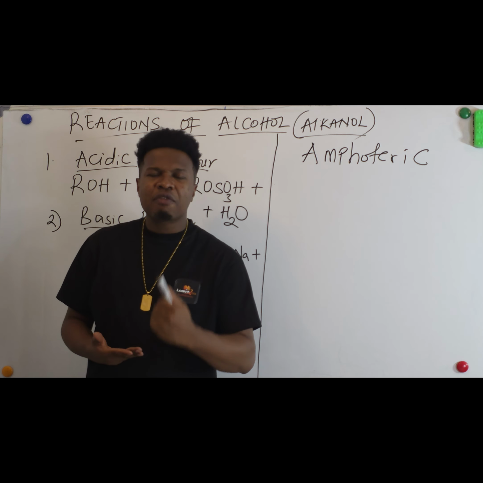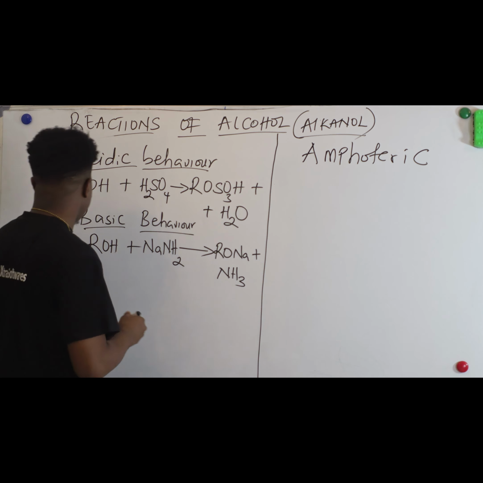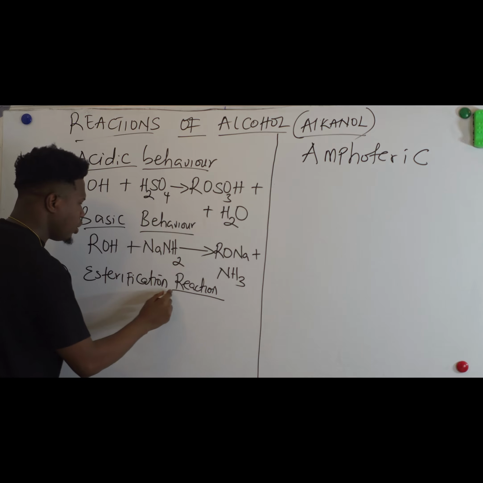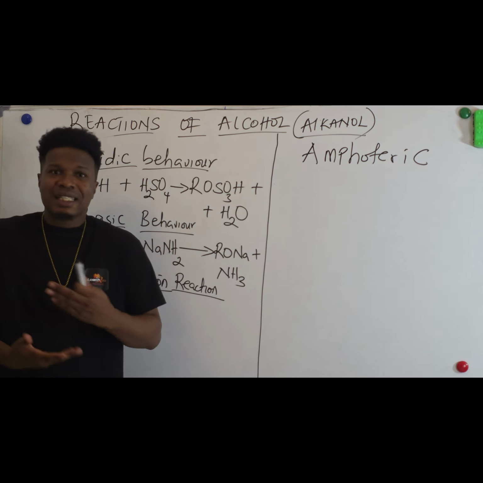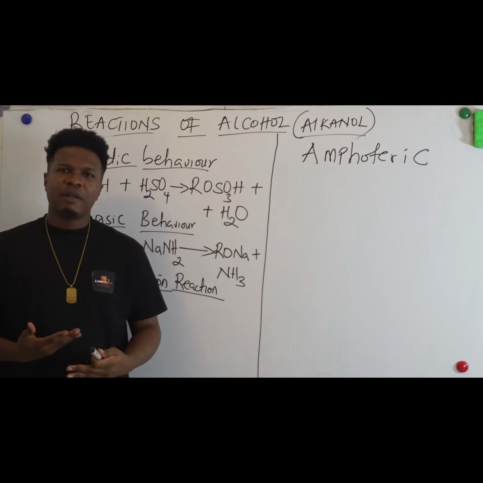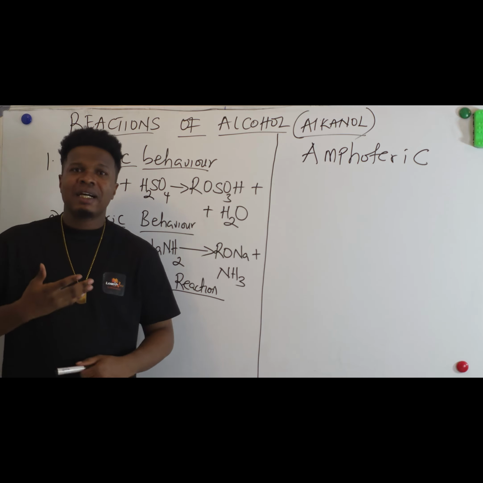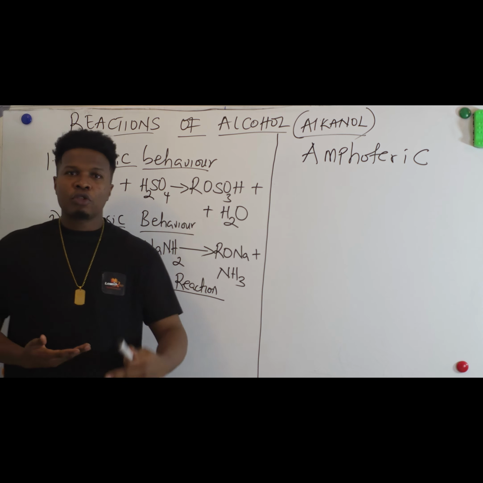Now, aside from the amphoteric behavior, the acidic behavior and the basic behavior of an alcohol, alcohols undergo a key reaction we call esterification reaction. So number 3 reaction of alcohol is esterification reaction. Esterification simply means the reaction of an alcohol with an alkanoic acid, in the presence of a mineral acid catalyst, to produce an ester.